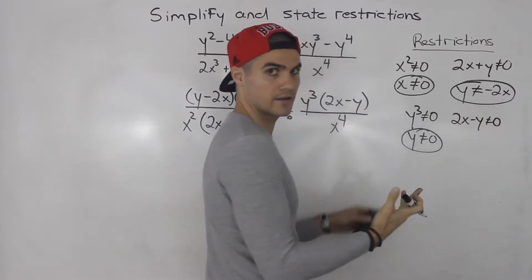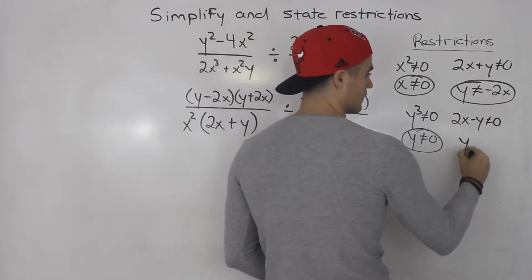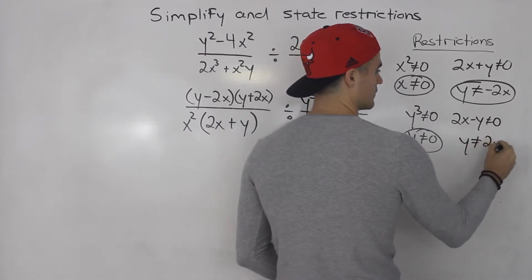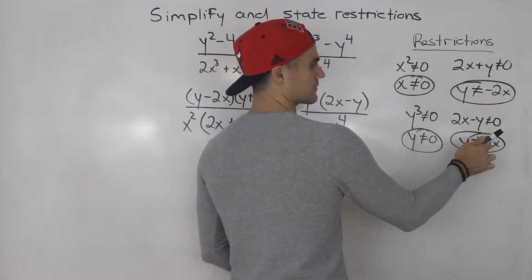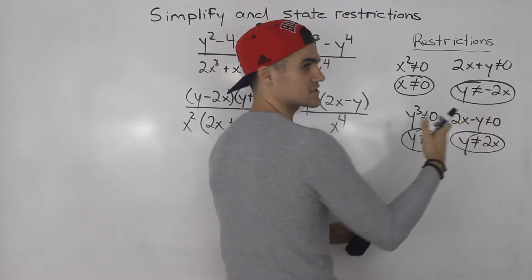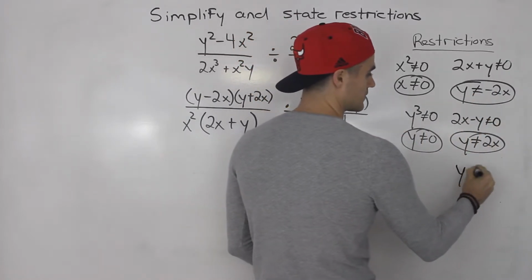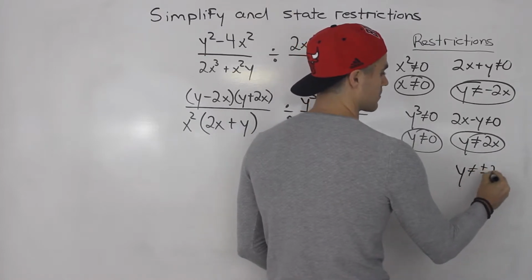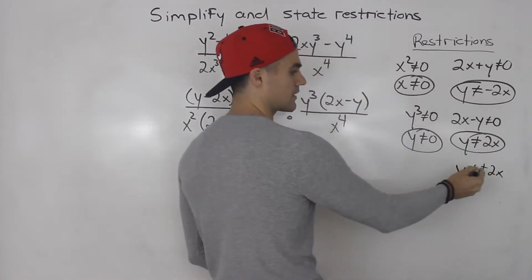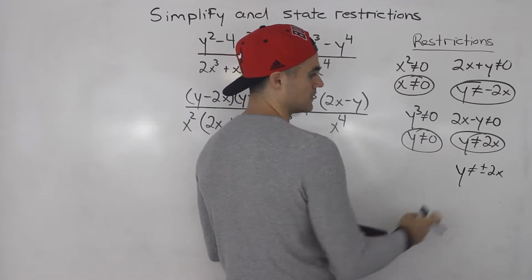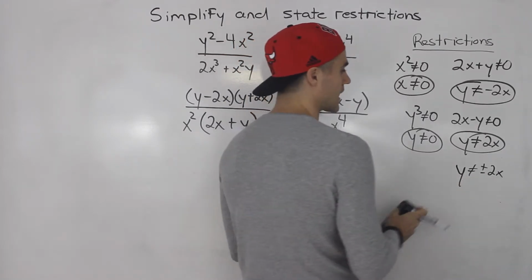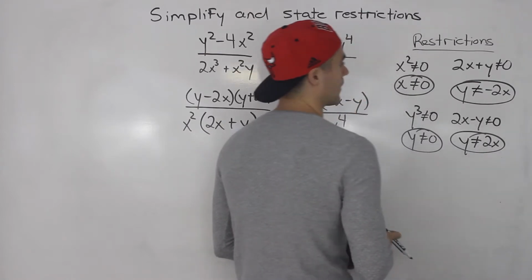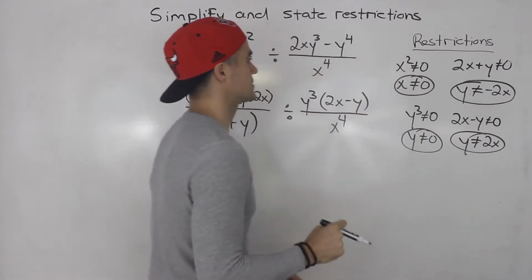So basically, y cannot equal positive 2x. And then these two here, since they are the same, just the sign is different, you can write this as plus or minus 2x. Y cannot equal plus or minus 2x. So you may see the solutions in your textbook like that. But either way, there are 4 restrictions in this case.